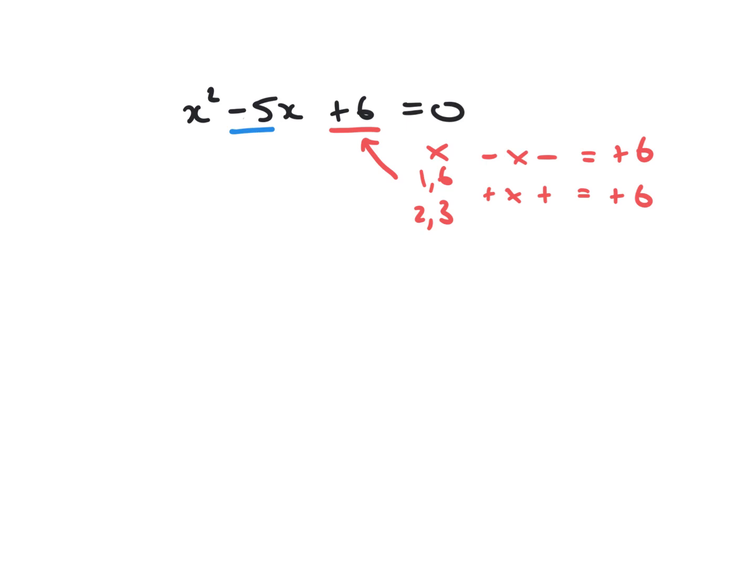So I'm going to look at those factor pairs again. The factor pairs are negative 1 and negative 6, or the answers are negative 2 and negative 3. We know that when we multiply negative 1 and negative 6, we get positive 6. When we multiply negative 2 and negative 3, we get positive 6 as well.